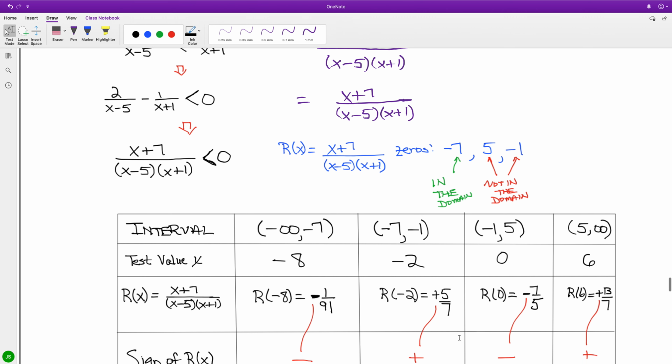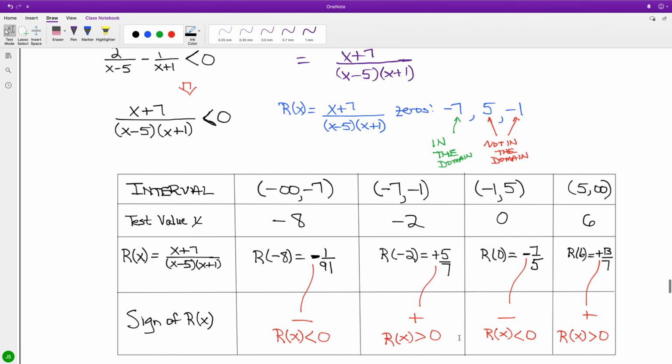For the sign of r of x, in the first interval, anything you plug in less than -7 results in a negative output. So we have r of x is less than 0. Anything greater than -7 and less than -1 results in a positive output, whereupon r of x is greater than 0. Anything greater than -1 and less than 5 results in a negative output. So r of x is less than 0. And anything we plug in greater than 5 results in a positive output, whereupon r of x is greater than 0.